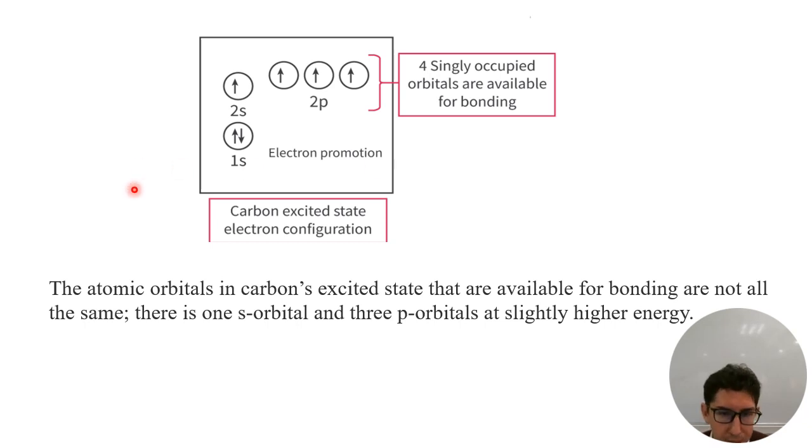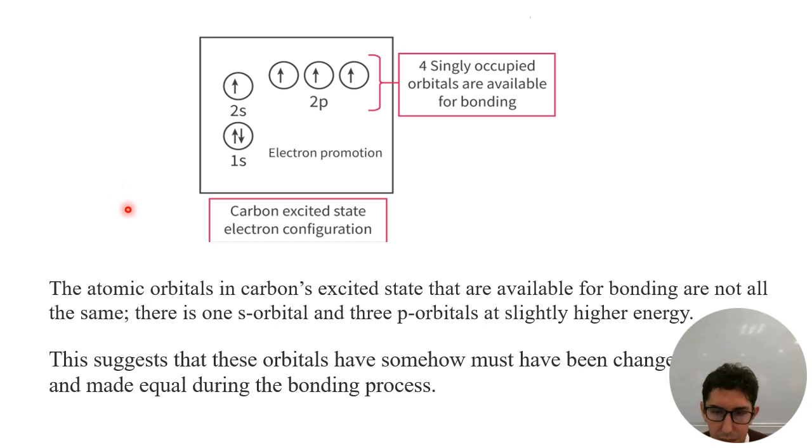Now, that's what we already said. But this would sort of infer that carbon has different types of bonds. It suggests you've got 3 p orbital bonds and 1 s orbital bond. But that's actually not what happens. The bonds are all exactly equivalent.